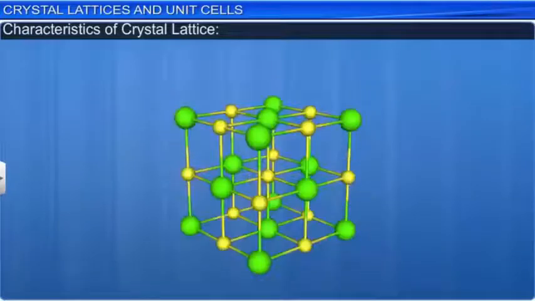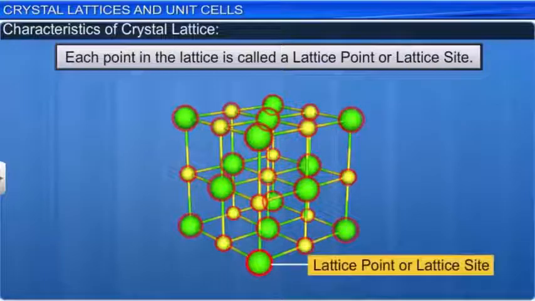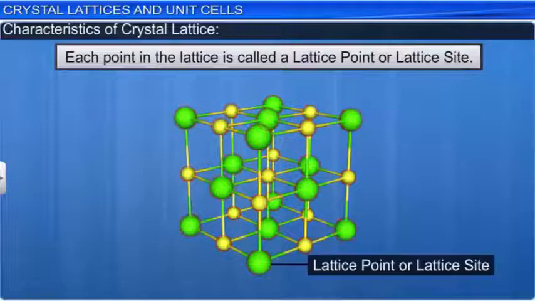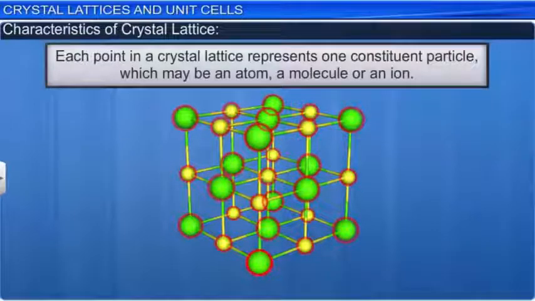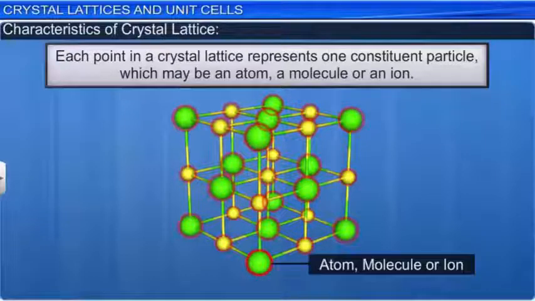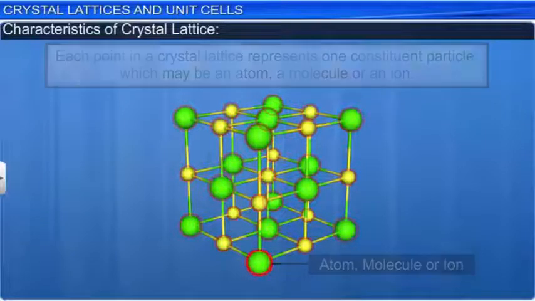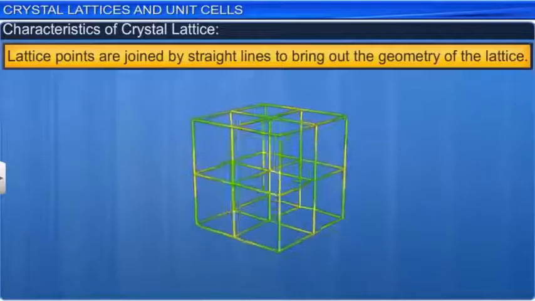Each point in a lattice is called a lattice point or lattice site. Each point in a crystal lattice represents one constituent particle, which may be an atom, a molecule, or an ion. Lattice points are joined by straight lines to bring out the geometry of the lattice.